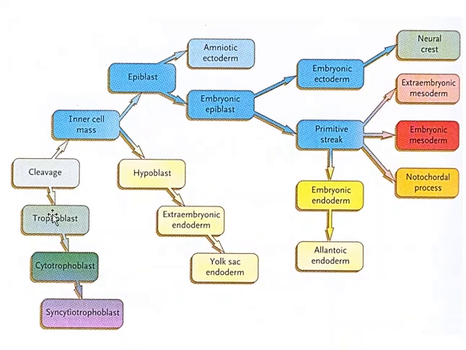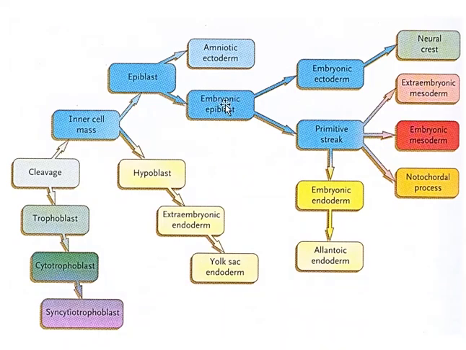The trophoblast gives rise to cytotrophoblast, and the cytotrophoblast gives rise to syncytial trophoblast, while the inner cell mass differentiates into epiblast and hypoblast. The hypoblast gives rise to extraembryonic mesoderm and yolk sac endoderm, while the epiblast gives the true germ cells and all tissues and cells of the body. It gives rise to amniotic ectoderm or amnioblast and embryonic epiblast.